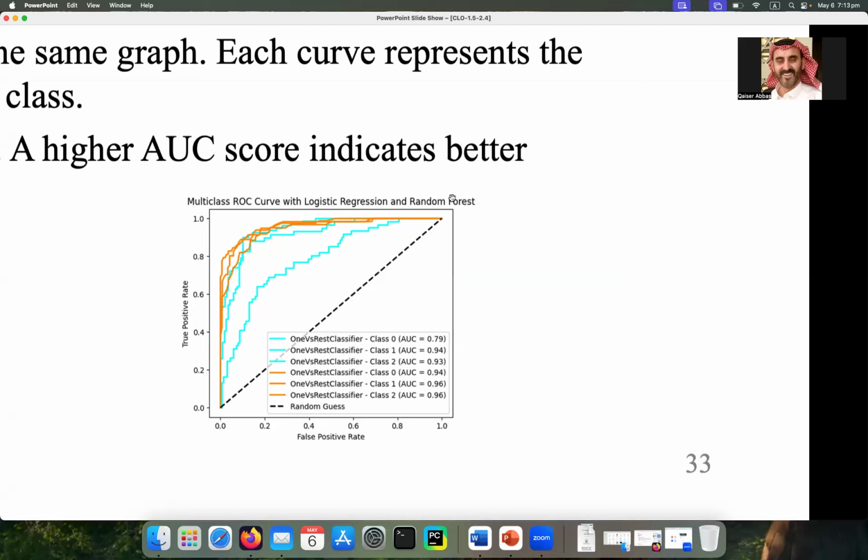You are first checking the auc-roc, and this chart is giving you an idea that logistic regression has performed better than the random forest, by using the one versus all methodology for multi-classification and the auc-roc measure. Because these brown curves are in a better position, at a better altitude, you can say.